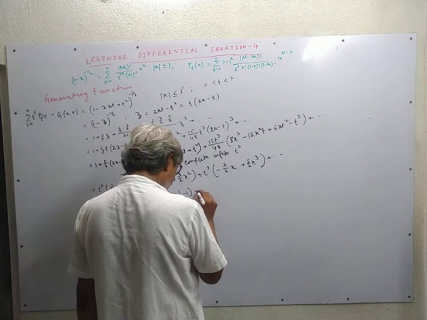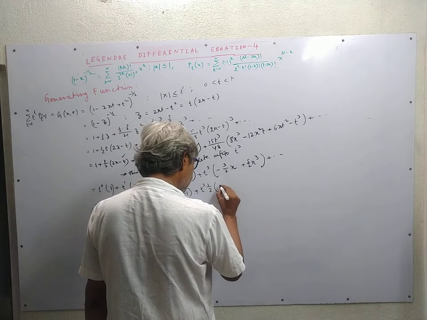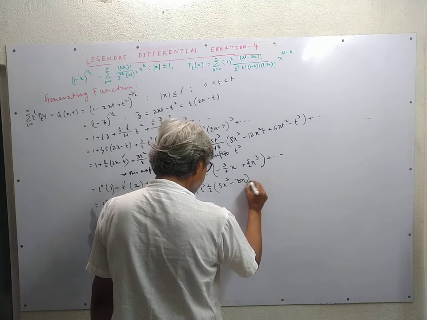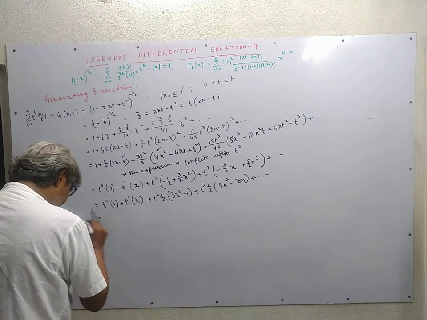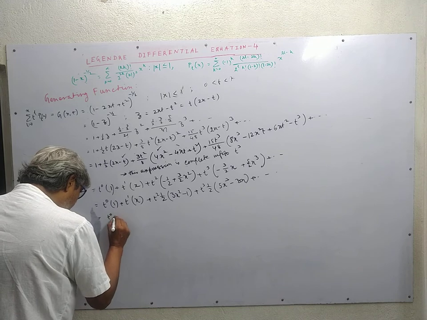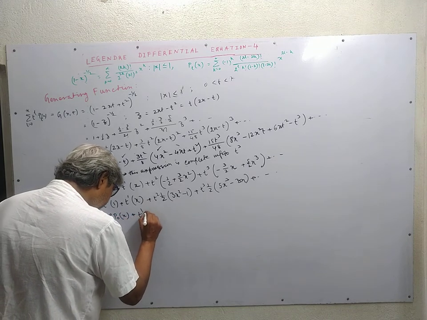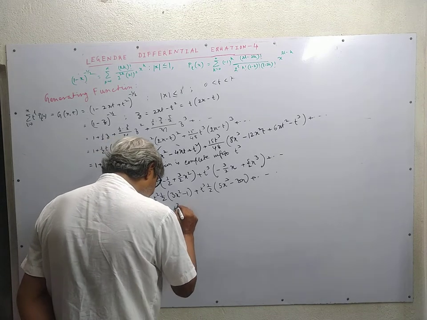Then again this is t cube, and if we take half common, this is 5x cube minus 3x. As per the generating function, this is t^0 P_0 of x plus t^1 P_1 of x plus t^2.